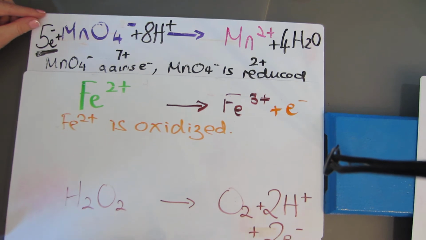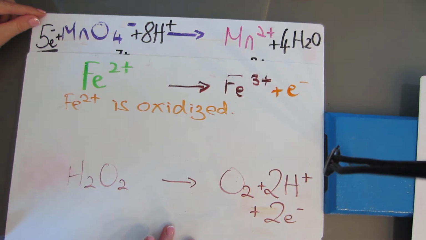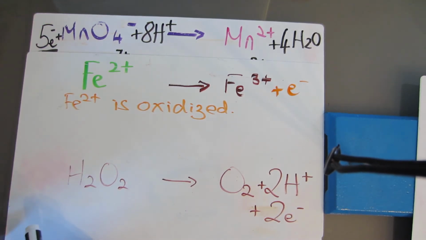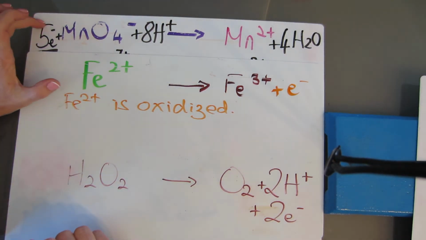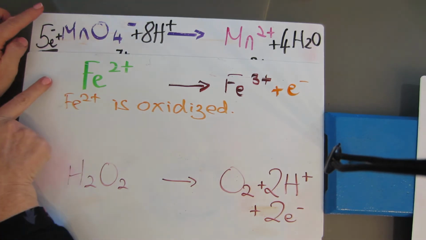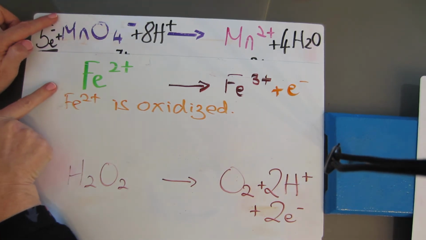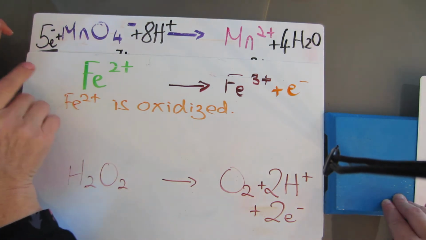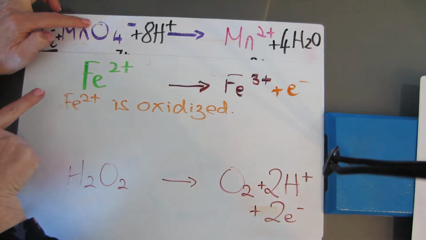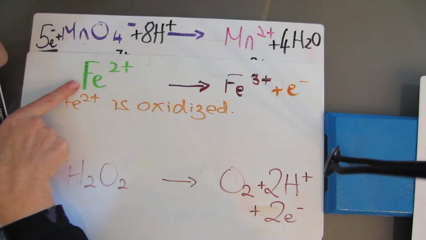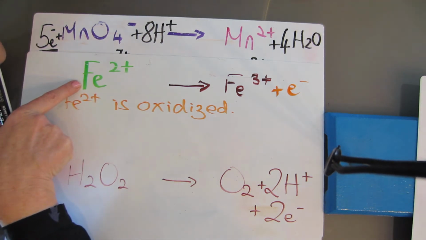I cannot put 2 half equations together which show both substances being oxidized or both substances being reduced. That's wrong. So how am I going to put these 2 half equations together to come up with the overall balanced ionic equation between MnO4 minus and Fe2 plus?